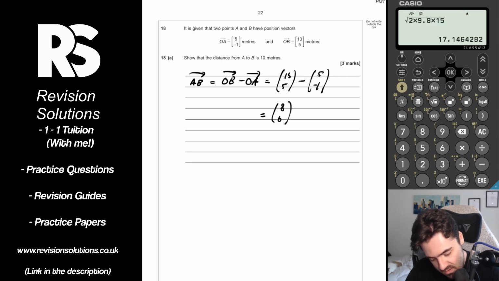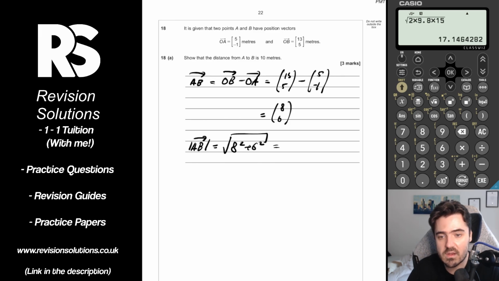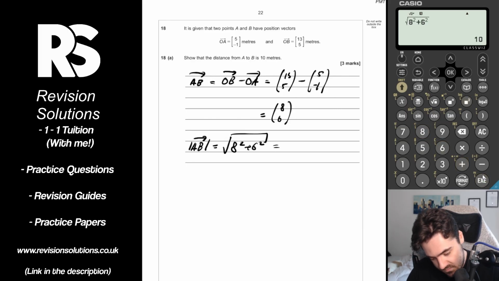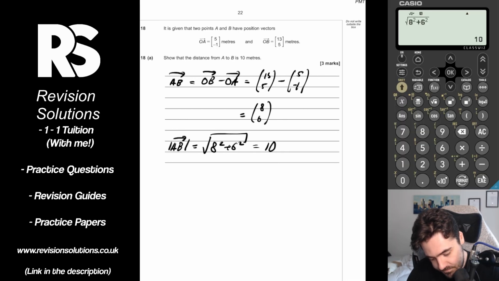And then to get the distance, it's just the magnitude of that vector. So the magnitude of AB is the square root of 8 squared plus 6 squared. Typing that in our calculator gives us 10. Sorry, yeah, show that it's 10. So that's that confirmed. Cool.